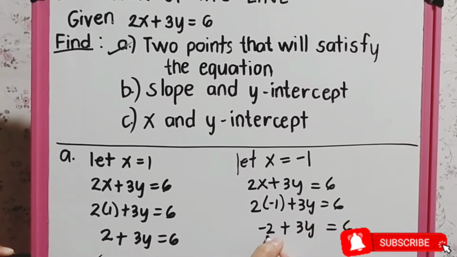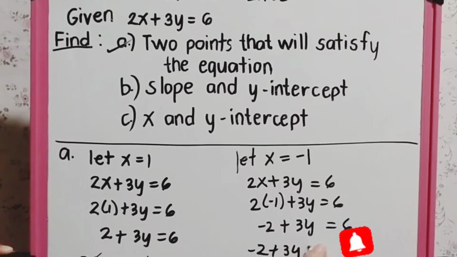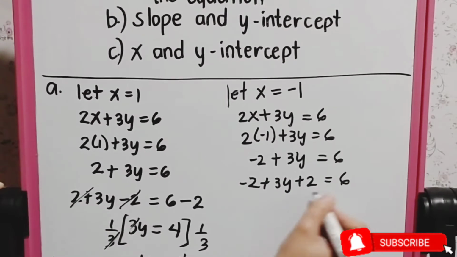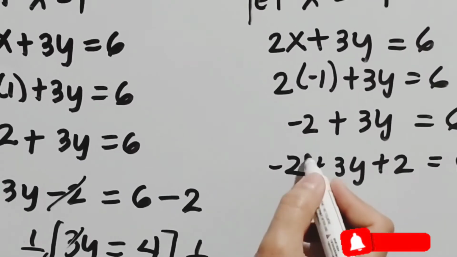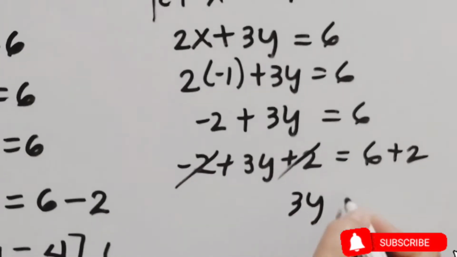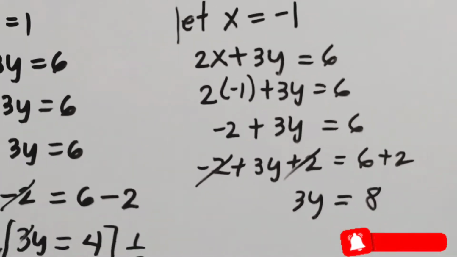But we have negative 2 here. So, para mawala yung negative 2, kailangan mag-add tayo ng positive 2. Dahil nag-add ng positive 2, mag-add ka rin dito sa kabila. Then from here, 0 na yung negative 2 at 2. Meron na lang tayong 3y sa kaliwa at sa kanan ay 8, because 6 plus 2 is 8.